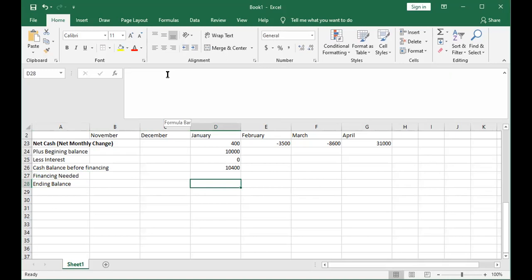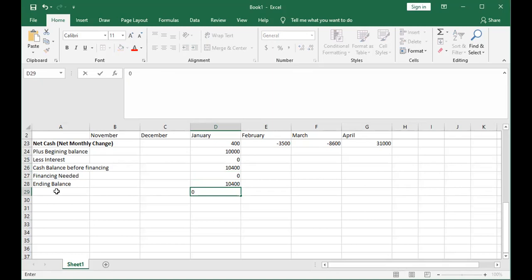The company must ensure that the balance cannot be less than 10,000 ringgit. Now the cash balance before financing is already more than 10,000 ringgit. Therefore, there is no financing needed. Therefore, the ending balance is still 10,400 ringgit. When there is no financing needed, the cumulative borrowing is 0.